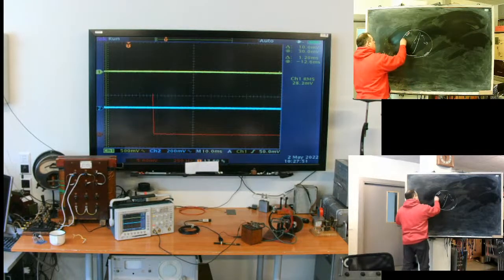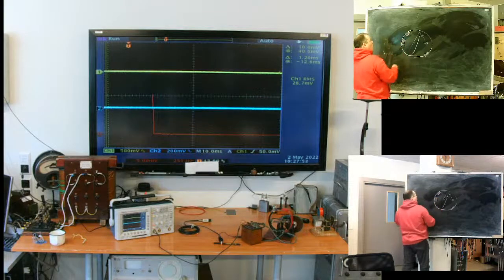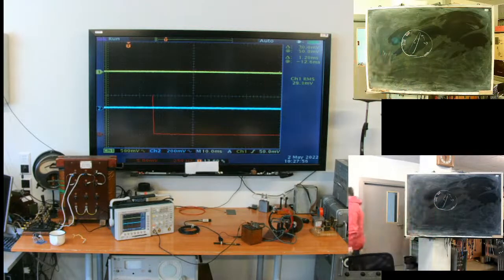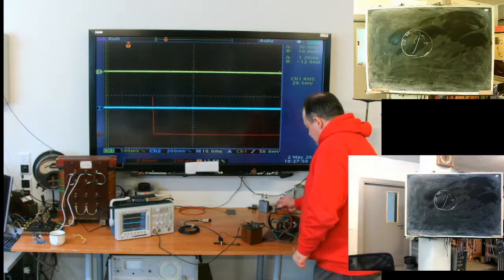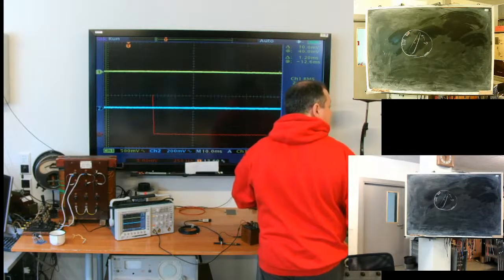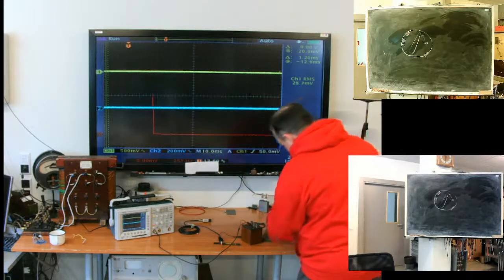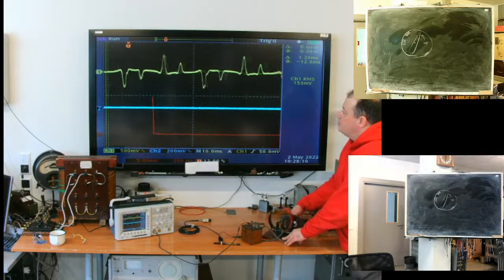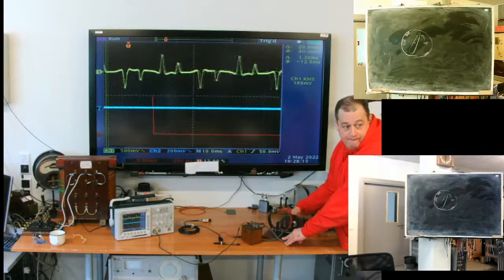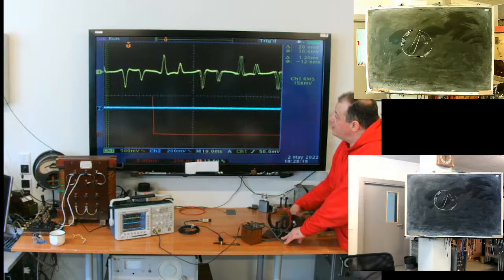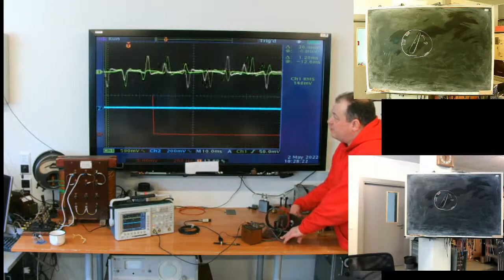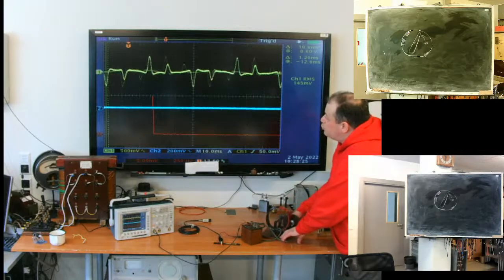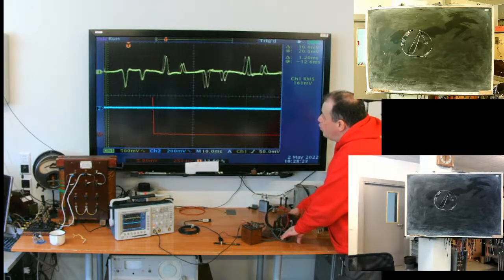I'm adding one more magnet here. Do you see what happened? I had still a symmetrical curve, but it contains 2, 1, 2, 1. You see what happened?